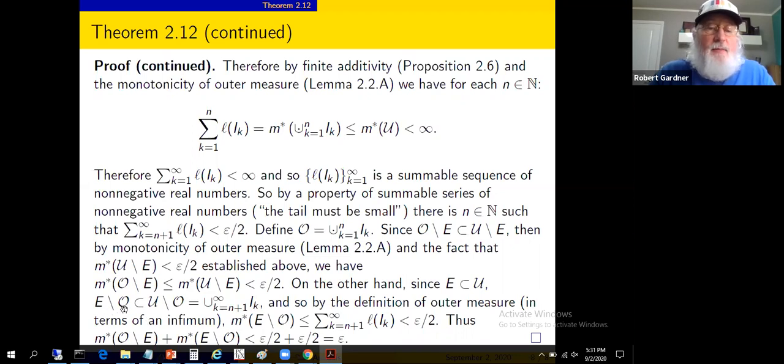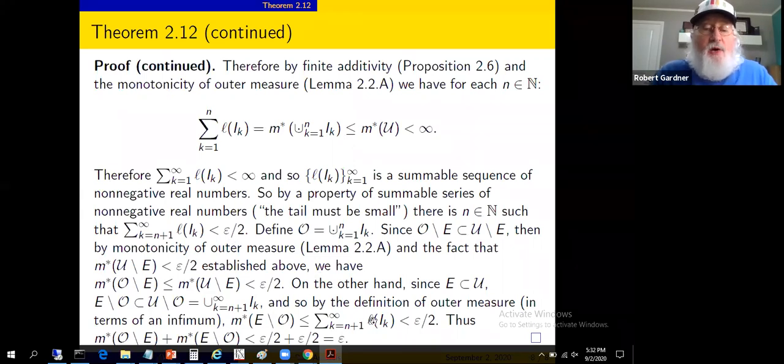I can explicitly write this in terms of the tails of those intervals, the union of the n plus 1 to infinity of the I sub k intervals. So we have E set minus O covered with a bunch of open intervals. The sums of the lengths of those intervals we know to be less than epsilon over 2. That's where the n came from.